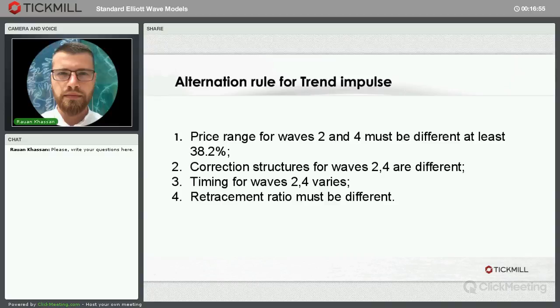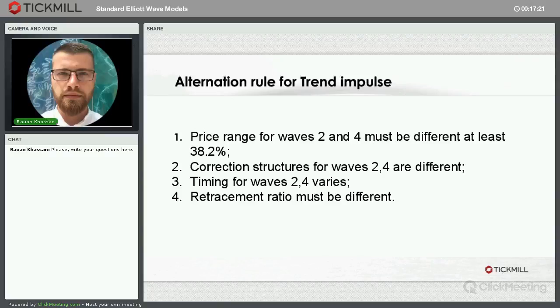I want to bring extra attention to the fact that I tell only some requirements, because in real market trading, it's really hard to see that all of the suggested 4 regularities are met in the same case. So behind the idea of alternation rules, it's enough to see at least one of the rules completed.